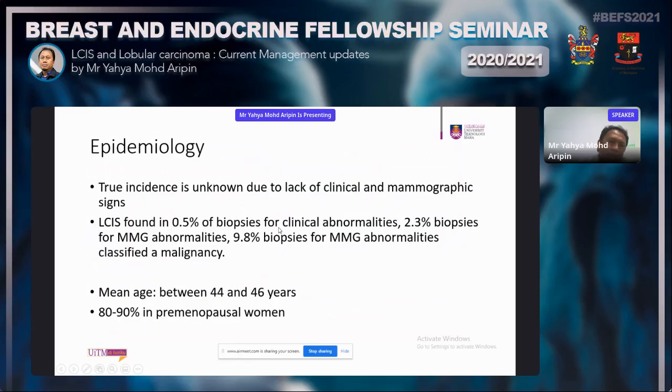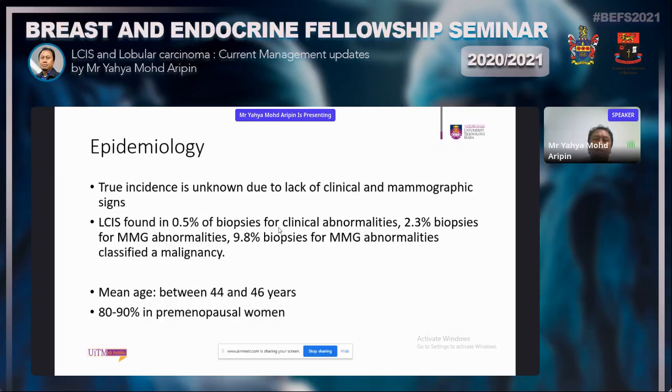If it is more than that, it is LCIS. Okay, how common is LCIS? The true incidence is not known because of the lack of clinical and mammographic signs. LCIS is detected from biopsy. If you look at the number of biopsies that have been done, 0.5% of biopsies for clinical abnormalities and 2.3% of biopsies done for mammogram abnormalities are LCIS.